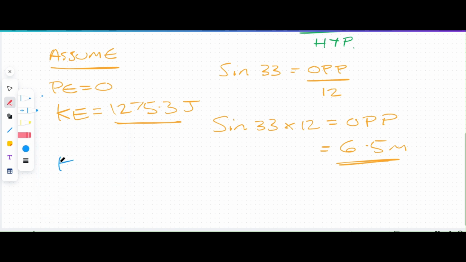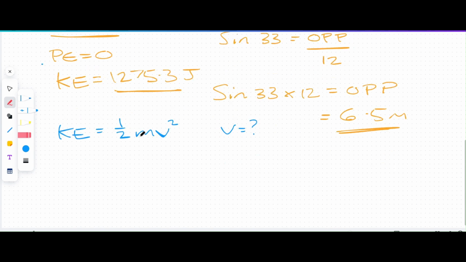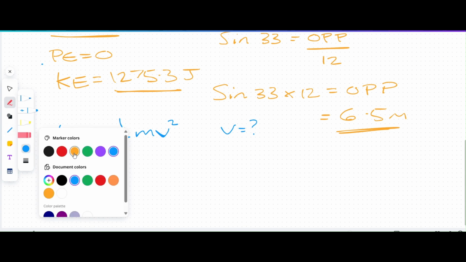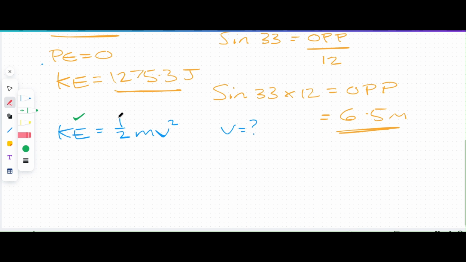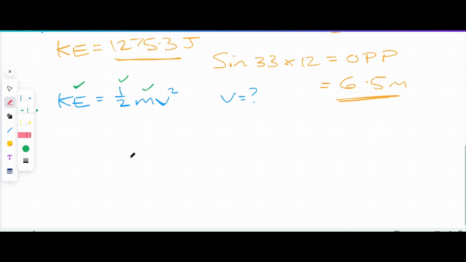So we know that KE, kinetic energy, is a half times the mass times velocity squared. We've got to find V. Now I know KE. I'm going to put a tick. I know KE because it's there. I know a half. I know the mass. So I'm going to rearrange this formula now for V. Don't get scared. I'm just rearranging the formula. So KE, I leave the KE by there.